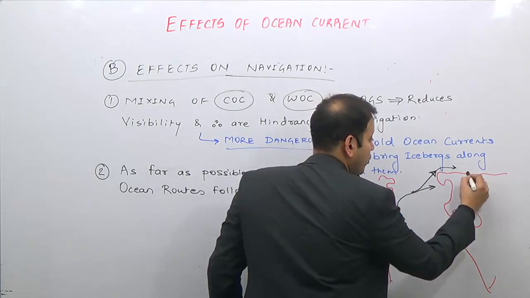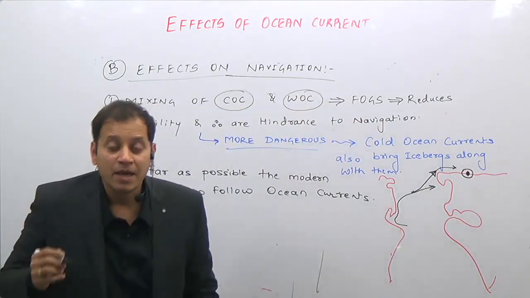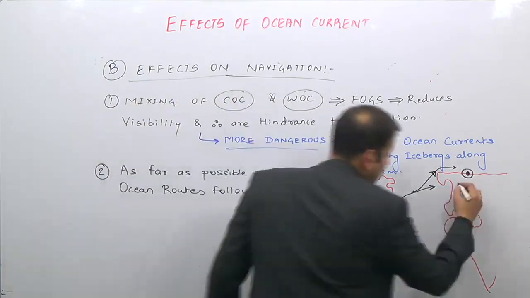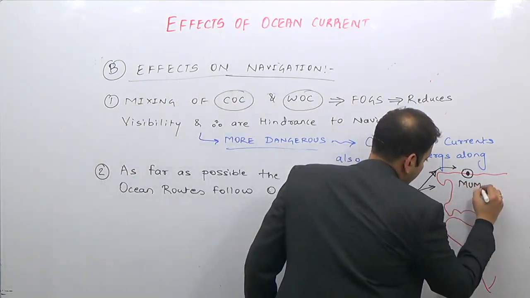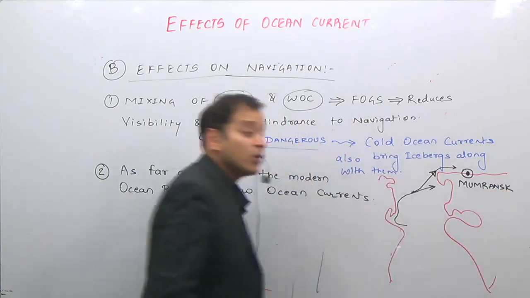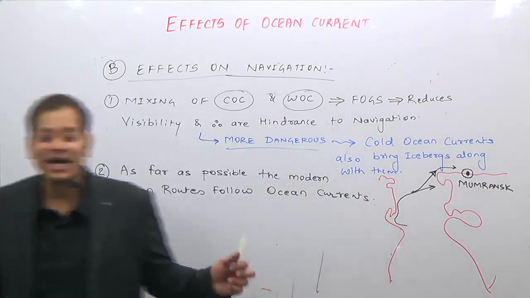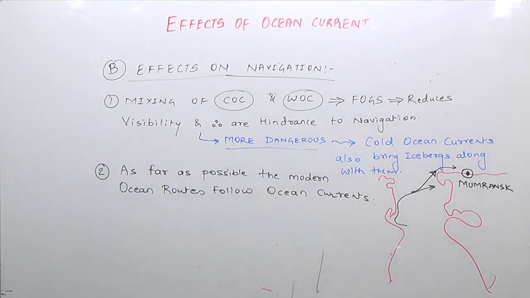So there is a port of Russia which is known as Murmansk, which remains ice free throughout the year, and therefore, because it is remaining ice free throughout the year, it is open for navigation.